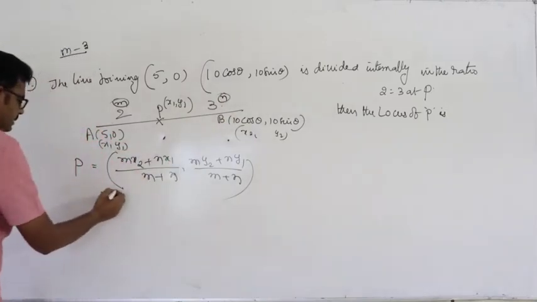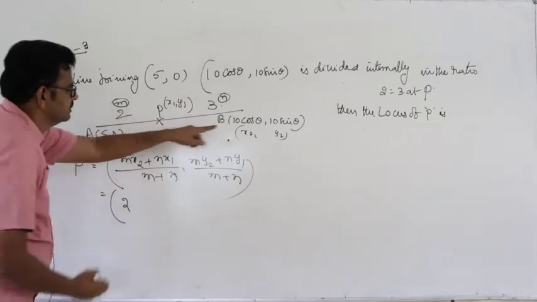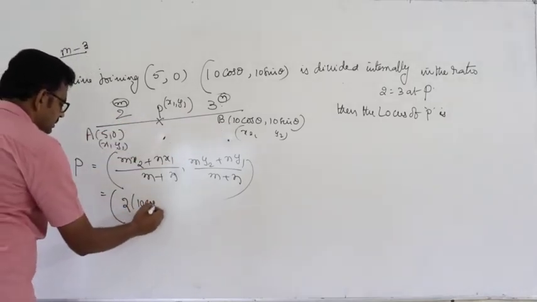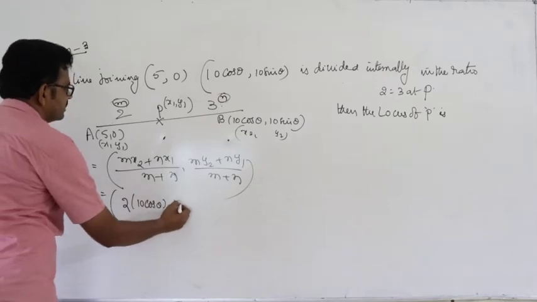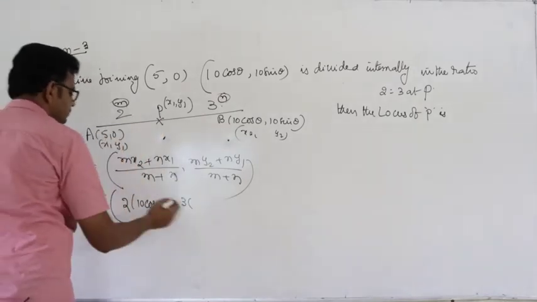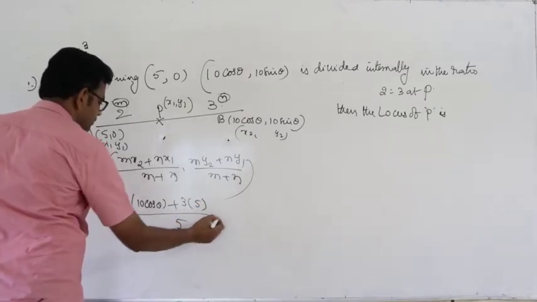So m x2, m is 2, x2 is 10 cos theta, plus n x1, n is 3, x1 is 5, by m plus n, which is 5.